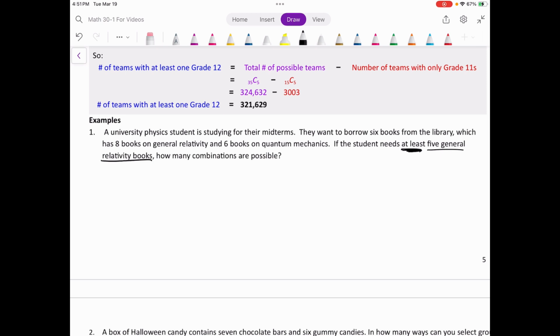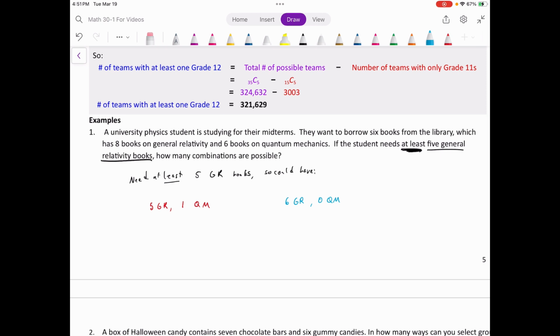We have 2 cases, so need at least 5, I'll say GR for short, for general relativity books. There are 2 cases here that could satisfy this. Like we said, we could have 5 general relativity and 1 quantum mechanics, or we could have 6 general relativity, because that's still at least 5, and 0 quantum mechanics books.